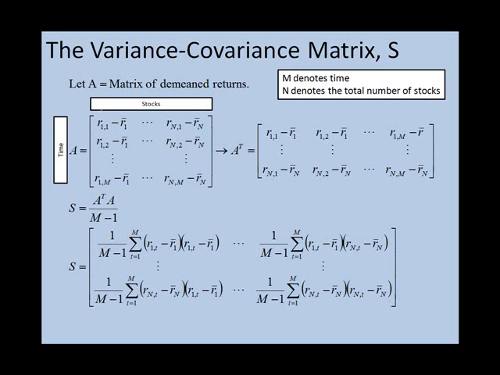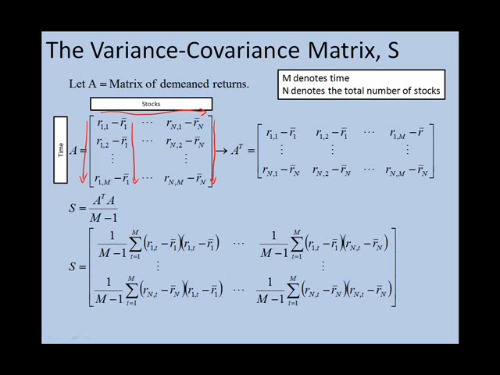Along the columns we have stocks. Down the rows we have time. Column 1 is going to consider stock 1 across time. Column N will consider stock N across time.